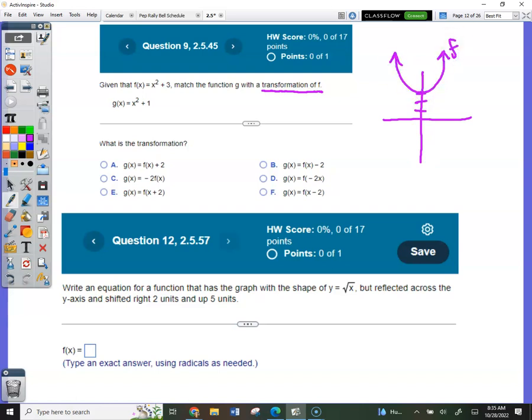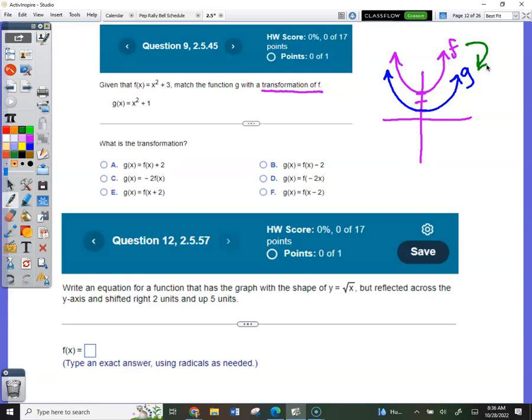That's f of x. Where's g? G is up 1. Right? Okay, and what does it say? It says match the function g with a transformation of f. They're saying, how did you go from f to g? What happened in the graph?